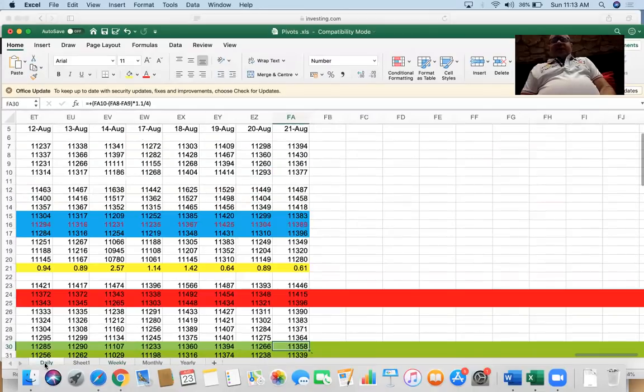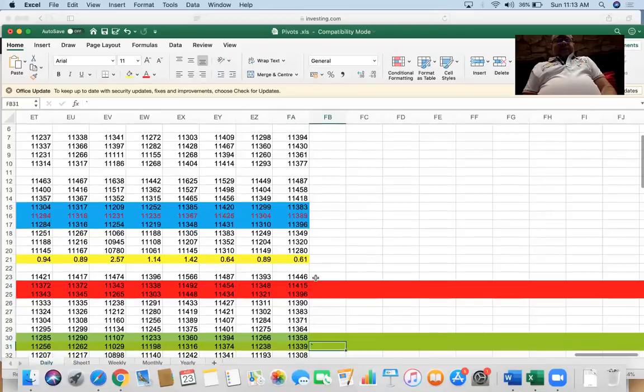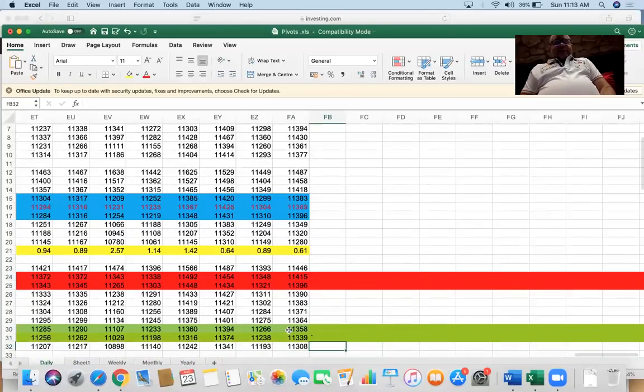Now have a look at the daily pivots. Daily pivots downside is 11,368 to about 11,339, and H3, H4 is 11,396 to 11,415. I would be hoping that we open beyond this zone.